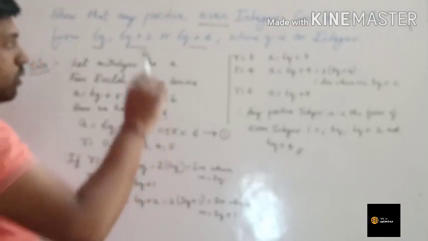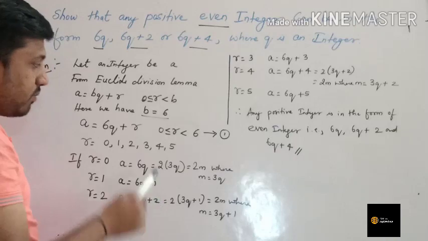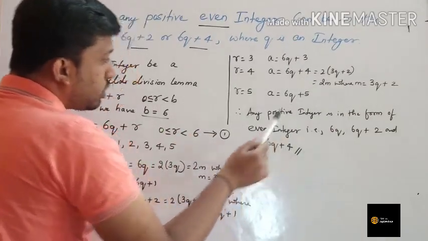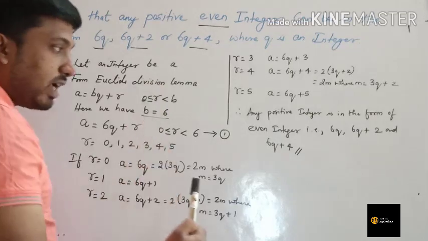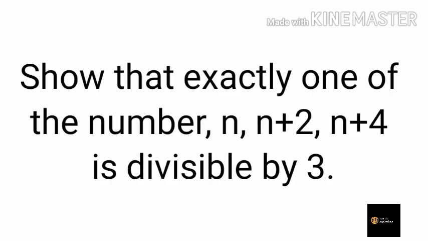So this way, whatever the question they change, you can answer. The procedure is the same, taking Euclid's division lemma, but in the end step, the sentence you are going to write, you should be careful while proving it.